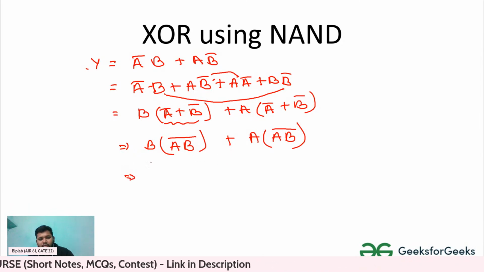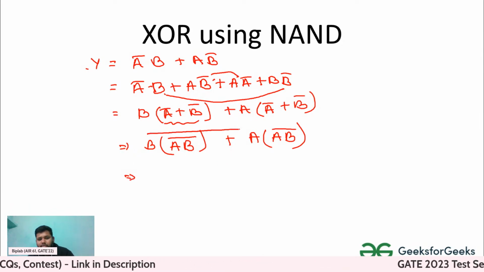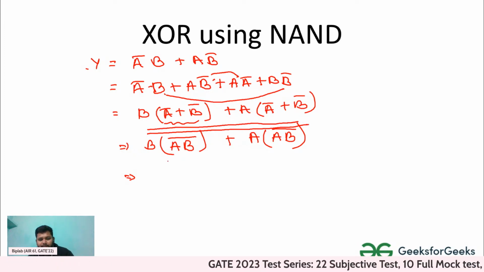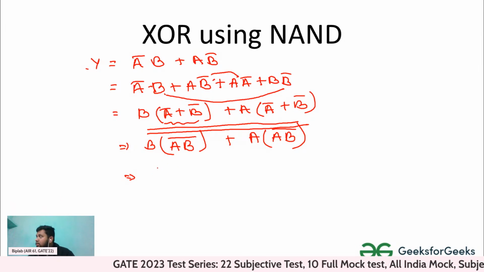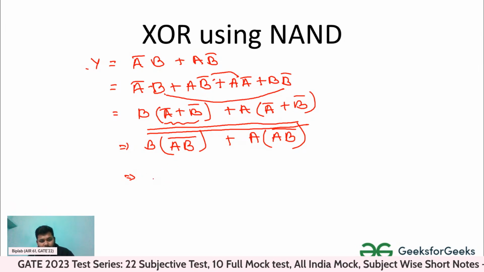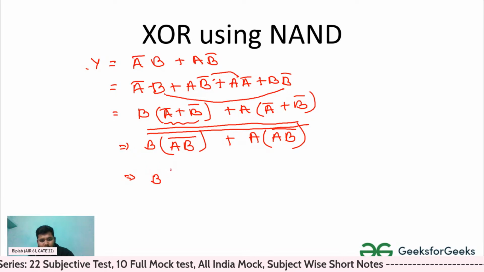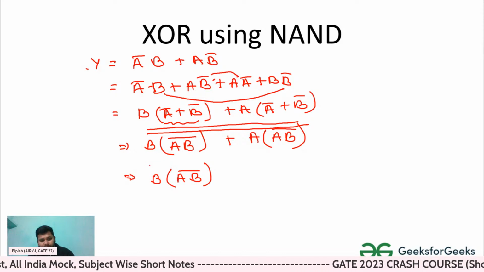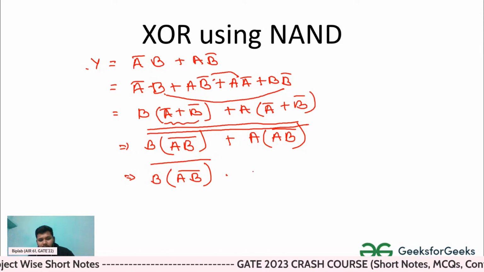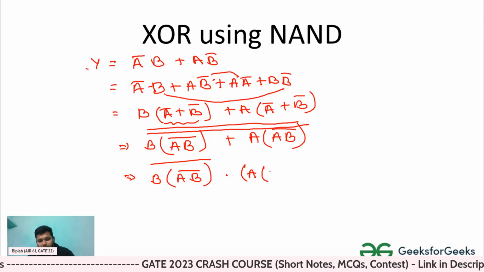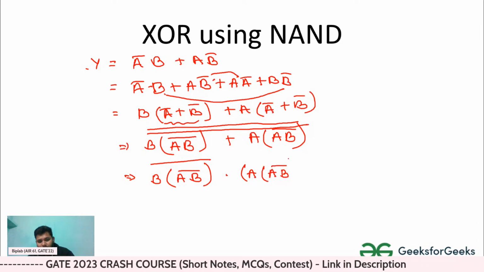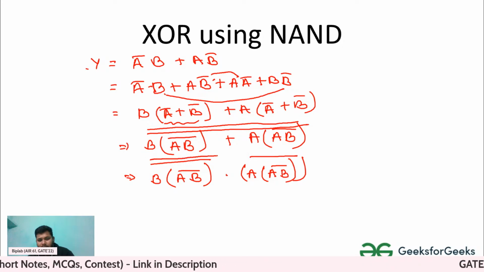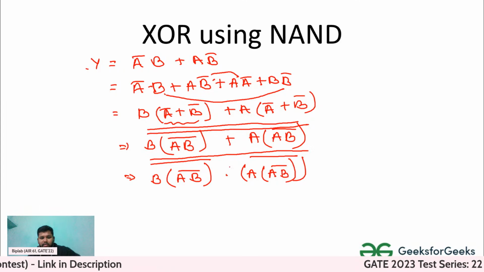Now we can put two complements here. So you will have B into A B bar, and you can divide it between these two, A B whole bar, and here is another bar, and you have a whole bar here. Look at this.